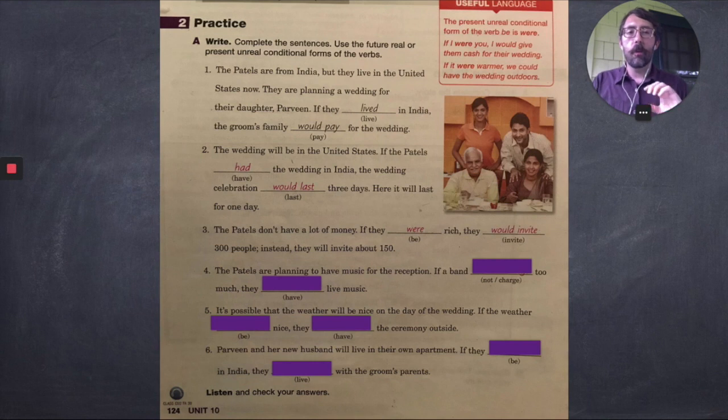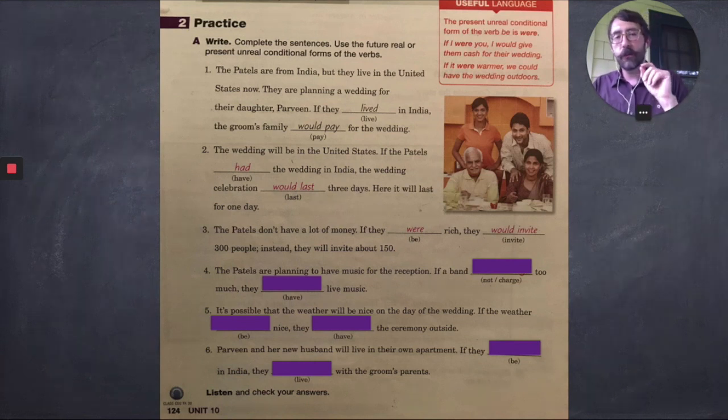So it's possible, right? So if it's possible, we're going to use the future real. And in this, we see not charge, so we're going to use the negative.